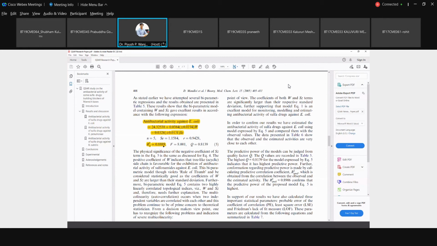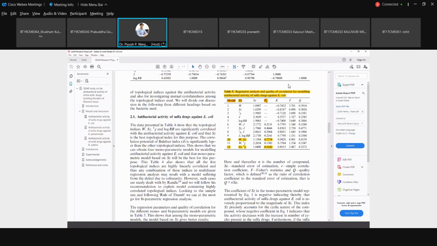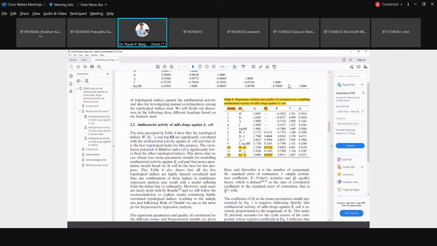For every model, they have developed different models for all the different bacteria, and even tabulated all the data: if this is model number 1, what descriptor they are using, whether one descriptor or multiple descriptors, and how the different coefficients come into the picture.